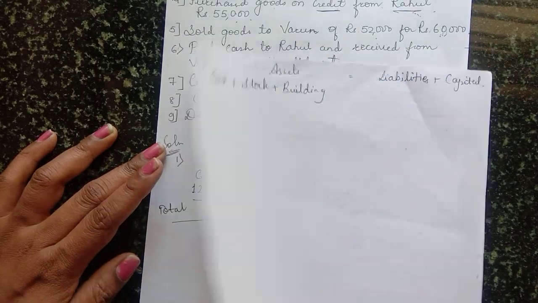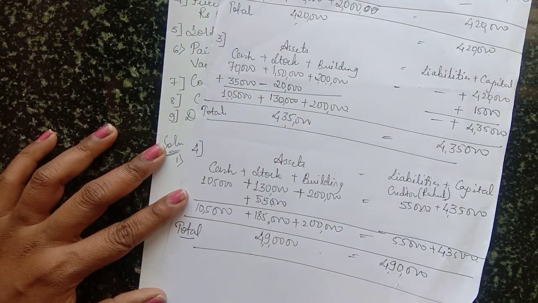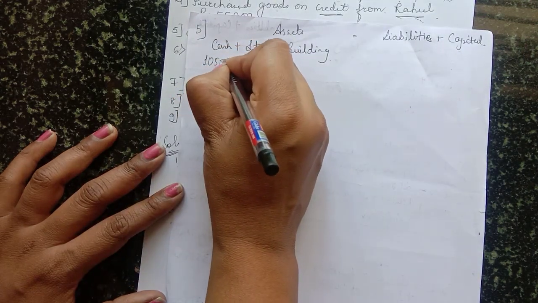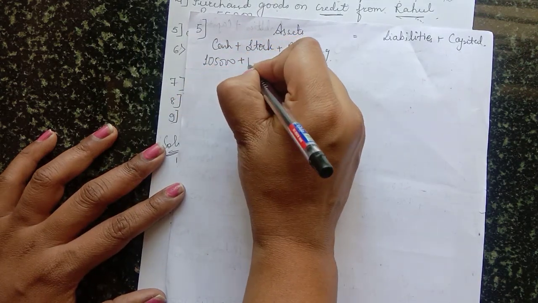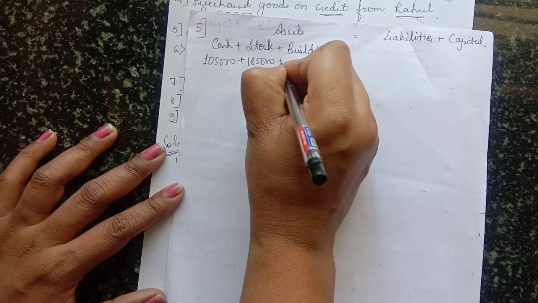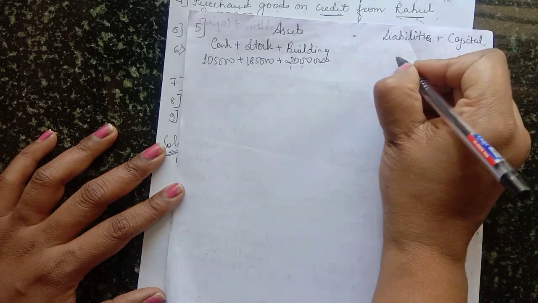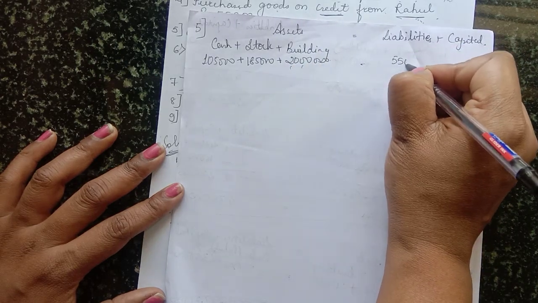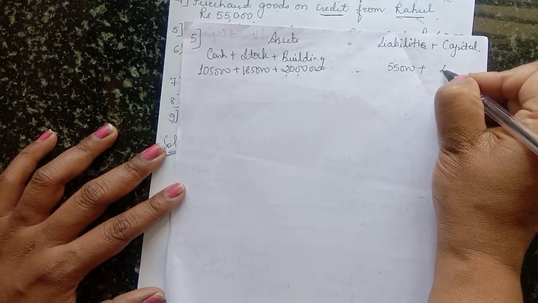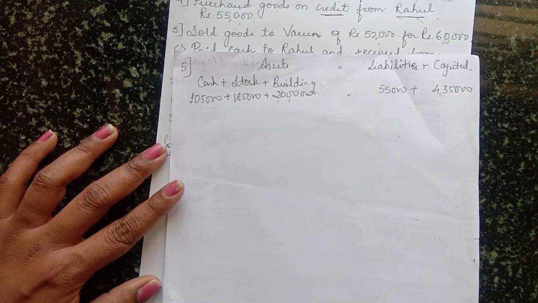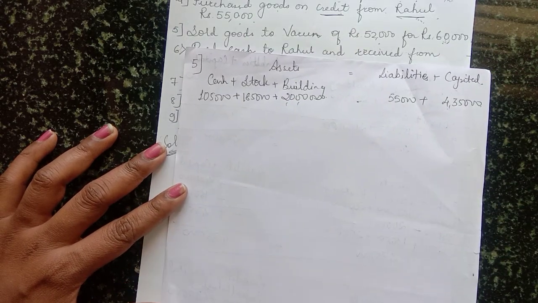Cash 1,05,000, stock 1,85,000 and building 2 lakh. On this side liabilities we have 55,000 and capital 4,35,000. Right.